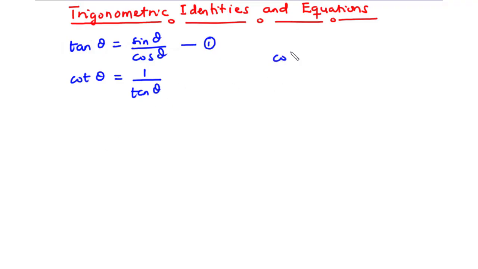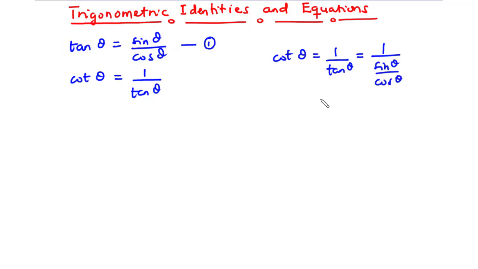Now, if cot theta is equal to 1 over tan theta, then we can further simplify this by substituting tan theta in here. So this becomes 1 over sin theta over cos theta.